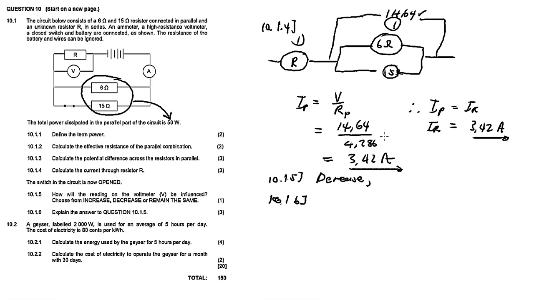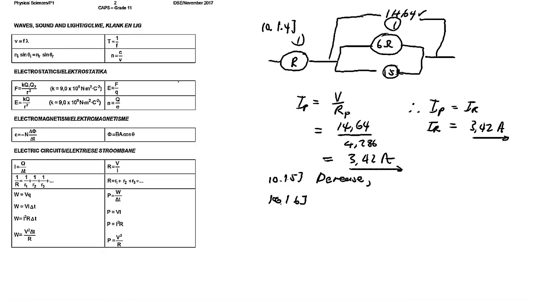So therefore the resistance increases, and R plus 6 is more than this 4.286 plus R. So the total resistance does what? Increase.